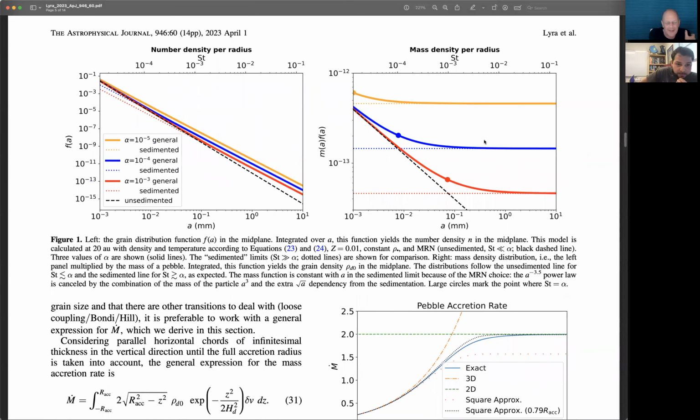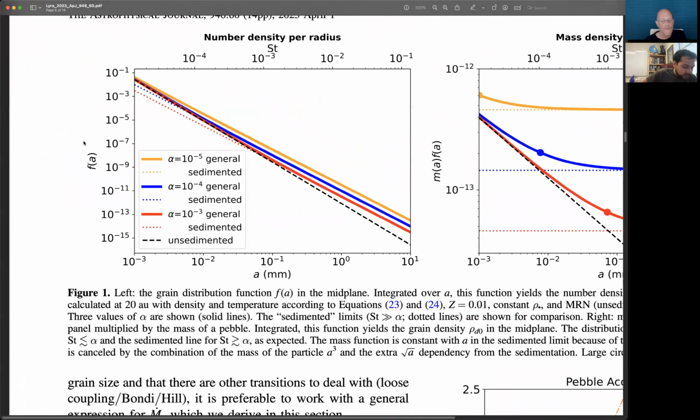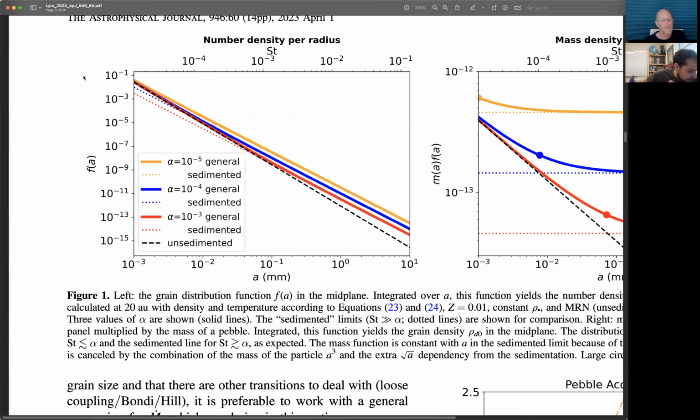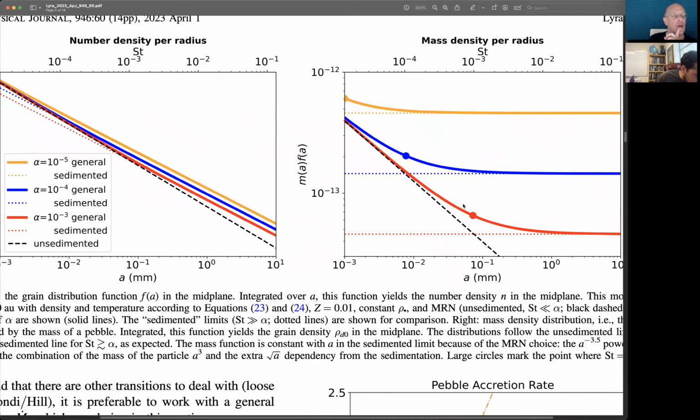So there you see on the y-axis is plotted the f function, right? So the f function is the grain distribution function in the midplane. If you integrate this over the pebble sizes, this function would yield the number density of pebbles in the midplane, right? If you multiply it by the mass, then you have the mass density. So that's what is shown on the right-hand side there, the mass density of pebbles. So you see here, this is the distribution.